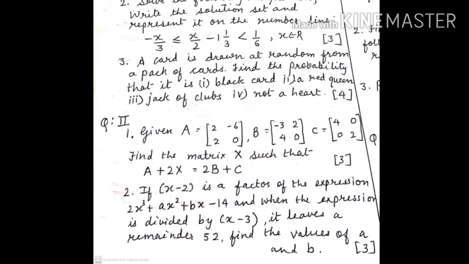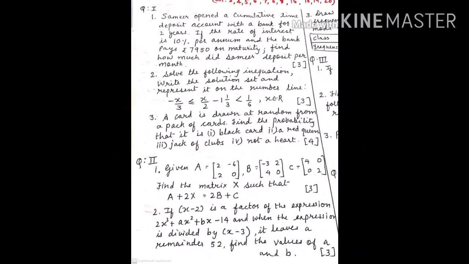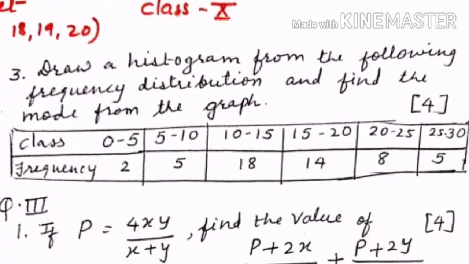Now moving on, question number 2, third part, that is: draw a histogram from the following frequency distribution and find the mode from the graph. Students, we have studied the histogram in standard 9th also and standard 10th also. You have to first draw the graph, taking the scale on the x-axis like 0, 5, with 5 gaps, 0 to 5, 5 to 10.